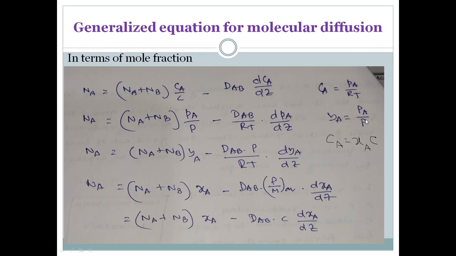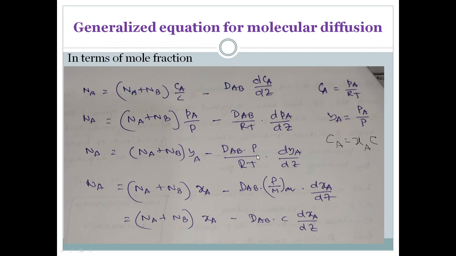Ya equals Pa by P. So Pa by P I am putting as Ya, and dy equals dPa by P, so dPa equals P dy. So this will be the expression in terms of mole fraction for the gas phase, because here the pressure term is there, and in the gas phase the total pressure will be available to you.